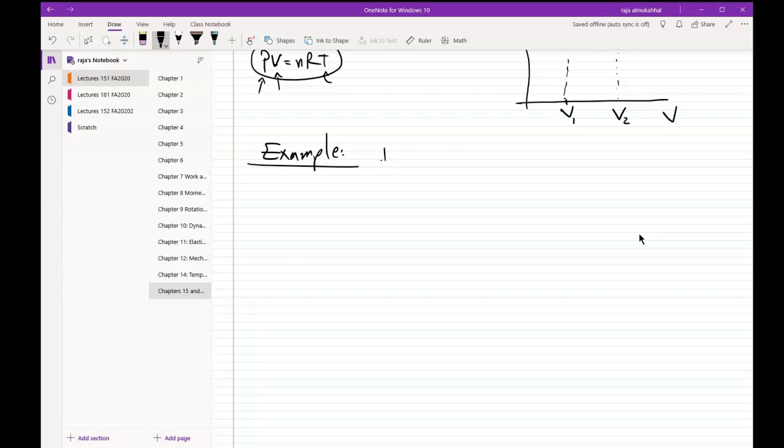So the example says I have oxygen, O2, oxygen gas. It's all gas, never liquid or anything like that.